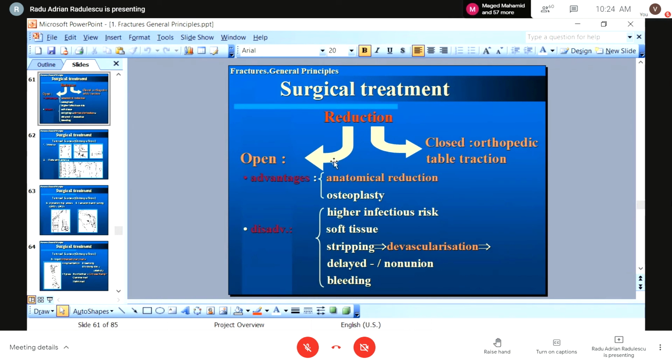The reduction may be, like I said, closed reduction or open reduction. The advantage of the open reduction is that it is an anatomical reduction.